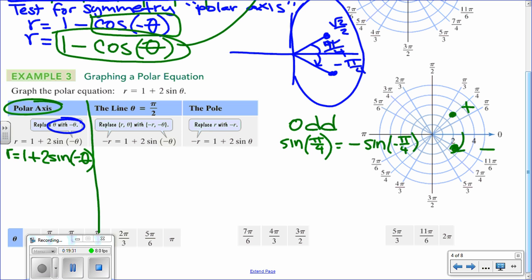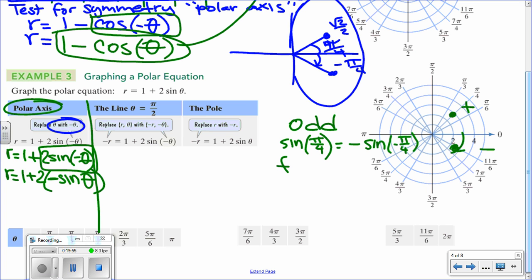So what we do here, after we make this change, since sine is odd, it's going to change the sign to negative sine of positive theta, by following this notion.